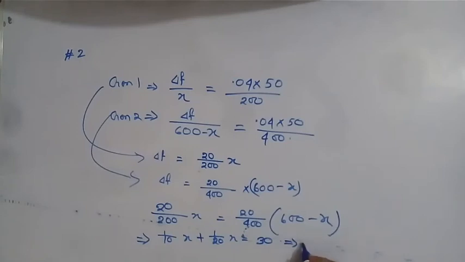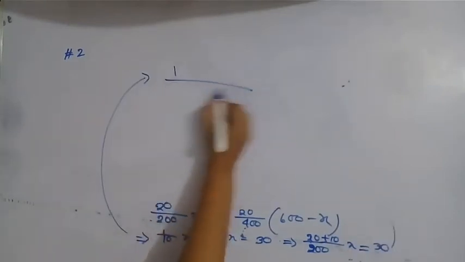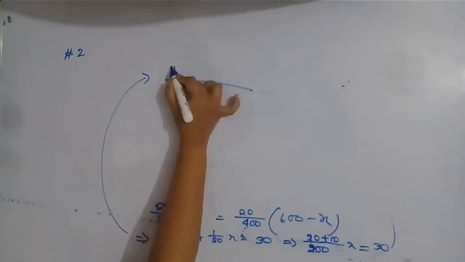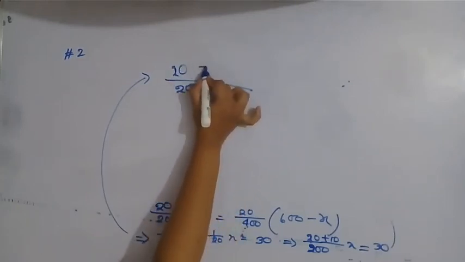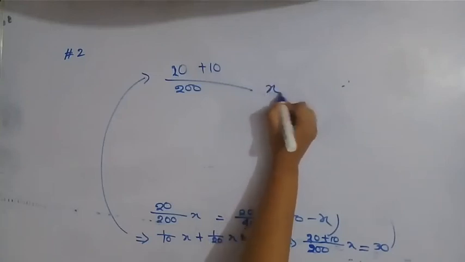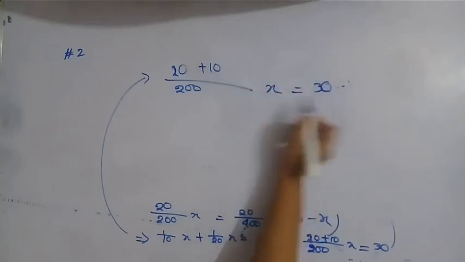Now this is equal to 1 by 20, 2 plus 1 X equal to 30.